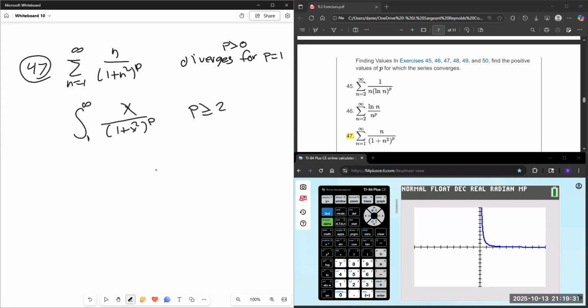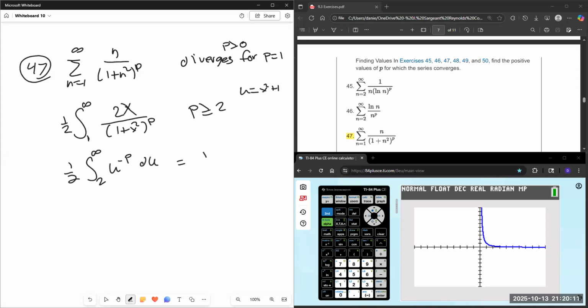So this is 1/2 of the integral of u to the negative p du, where u is equal to x squared plus 1. 1 squared plus 1 is 2, and infinity squared plus 1 is infinity.